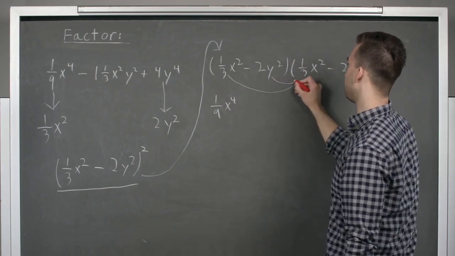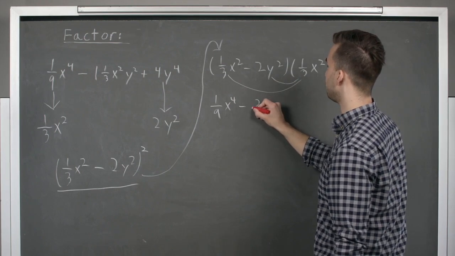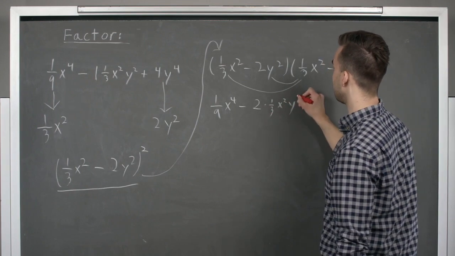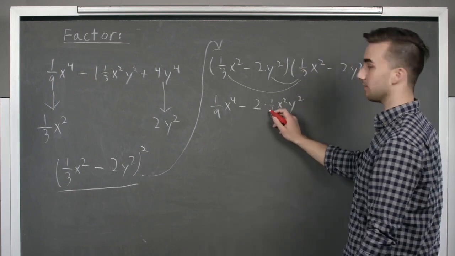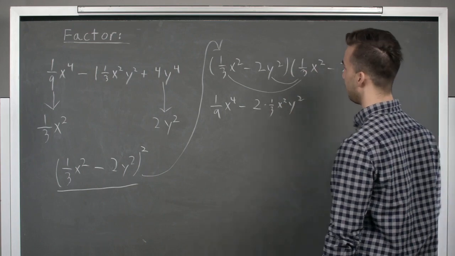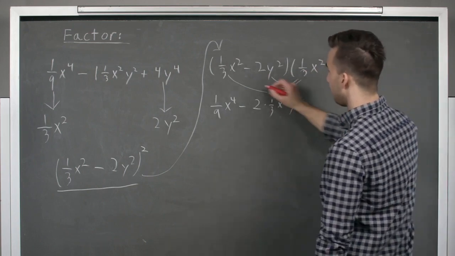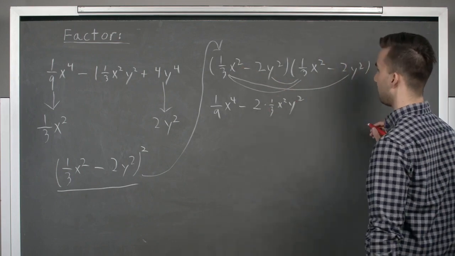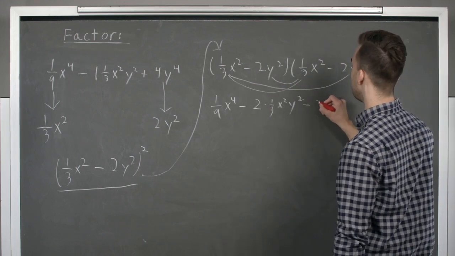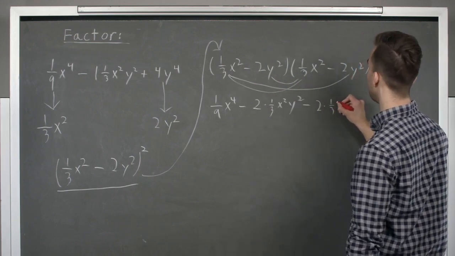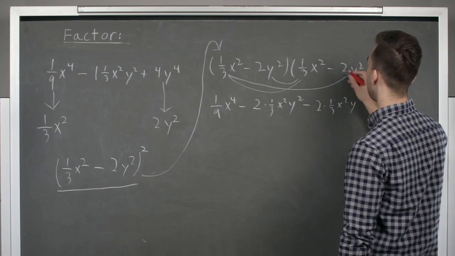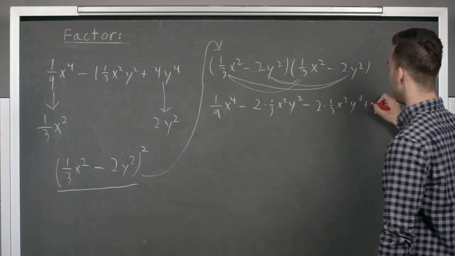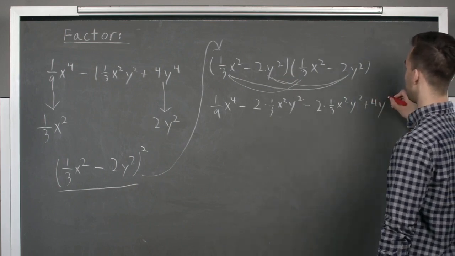And then we have our minus 2 times 1/3 x squared y squared. If you can't do it all in your head, feel free to write it out like this and simplify it later. Then we have 1 over 3 x squared times negative 2y squared, which gives us negative 2 times 1 over 3 x squared y squared. And then negative 2y squared times negative 2y squared gives us a plus 4y to the power of 4.